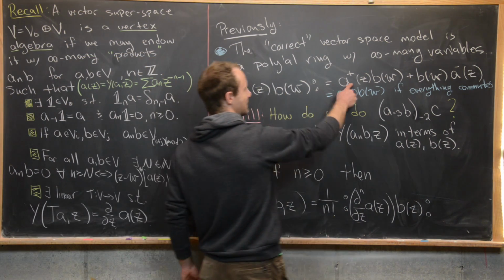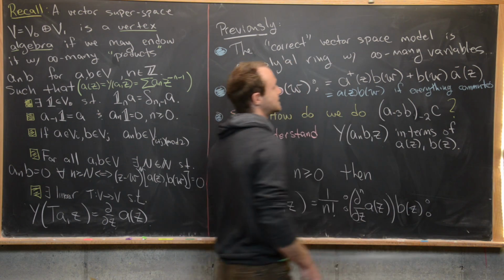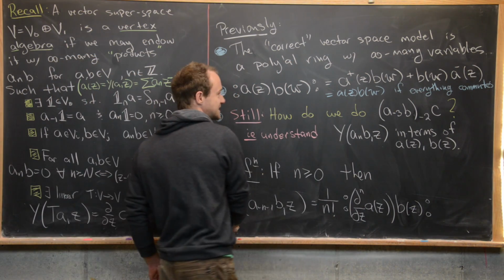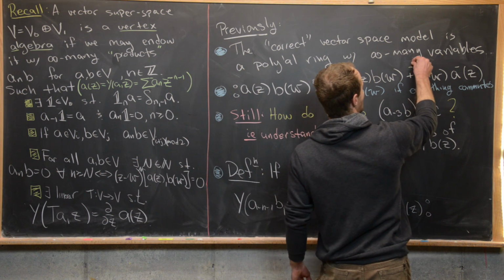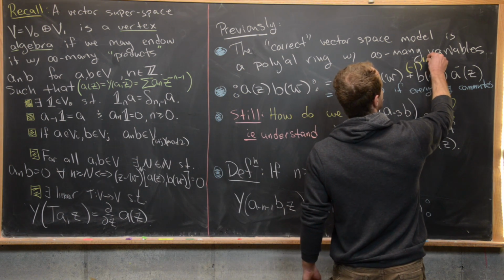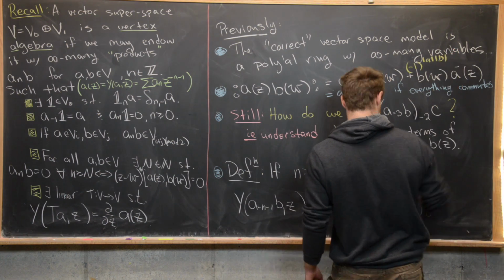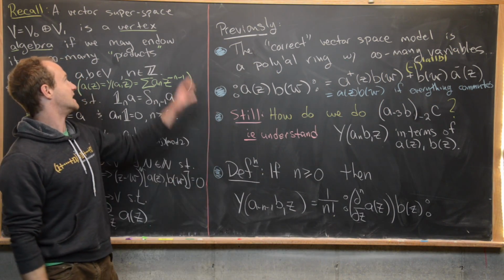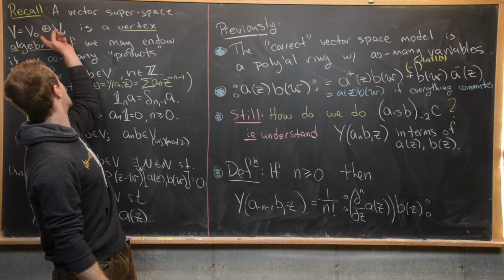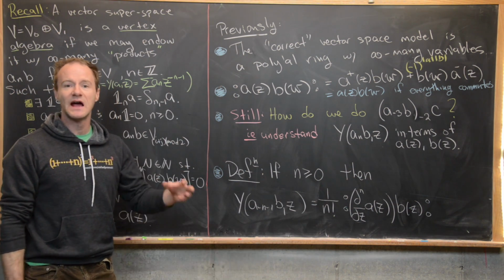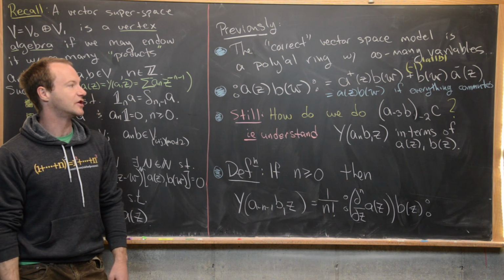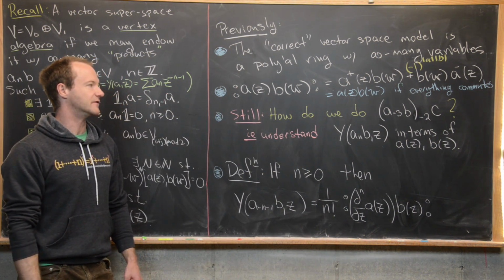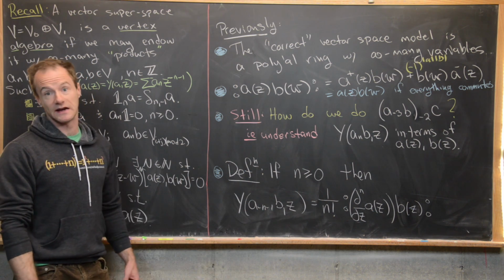That's going to be equal to A plus (Z)B(W) plus (-1) to the parity of A times the parity of B, B(W)A minus (Z). That picks up a minus sign if they are both in V1. And if everything here commutes, then this is exactly equal to A(Z)B(W), which is kind of nice.